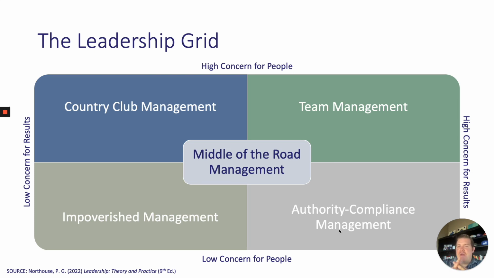So if we look at leaders, let's start with leaders with low concern for results and low concern for people. Blake and Mouton call this impoverished management. I would simplify it and just say this is clear bad management, right?